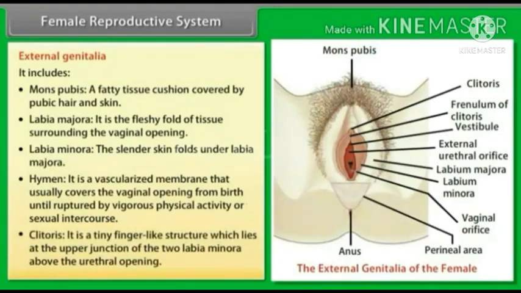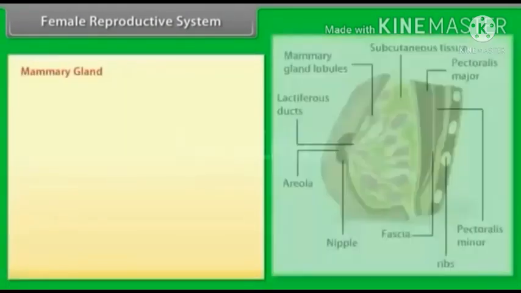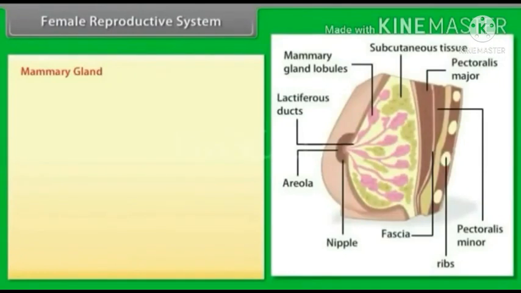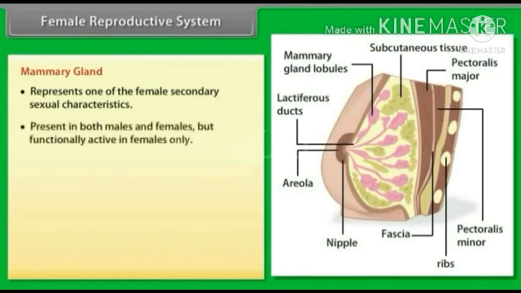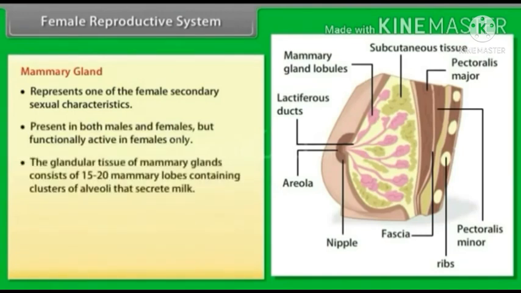Clitoris. It is a tiny finger-like structure which lies at the upper junction of the two labia minora above the urethral opening. Mammary gland. It represents one of the female secondary sexual characteristics. Present in both males and females but functionally active in females only.